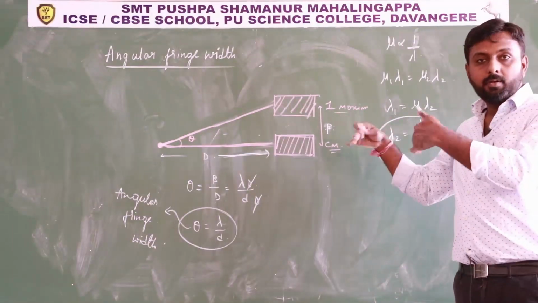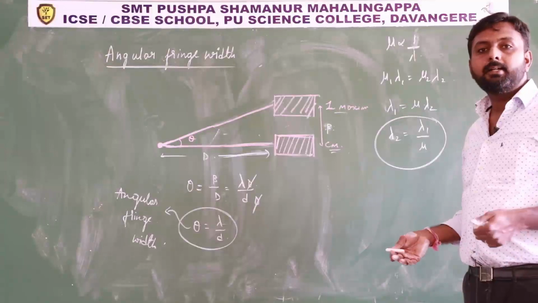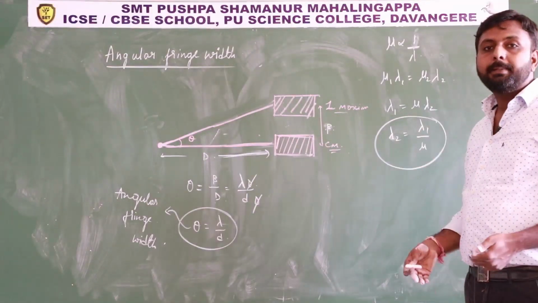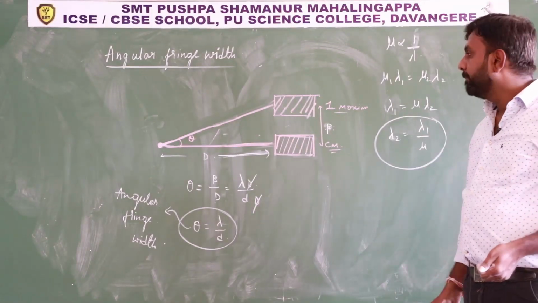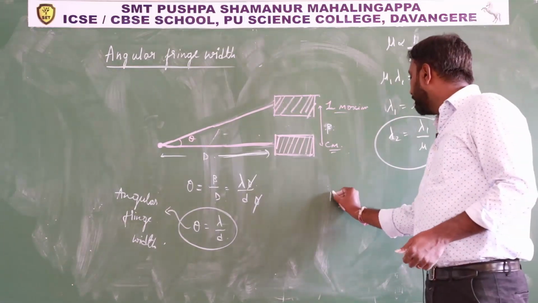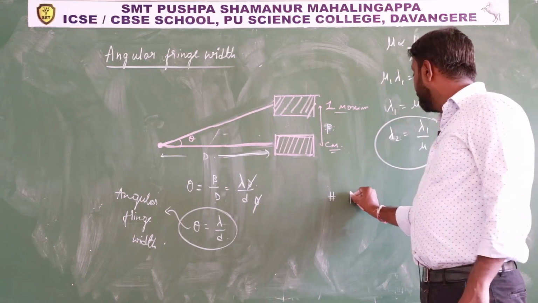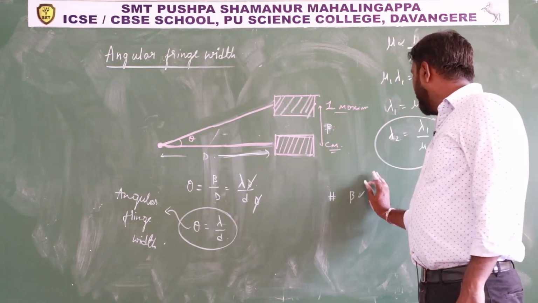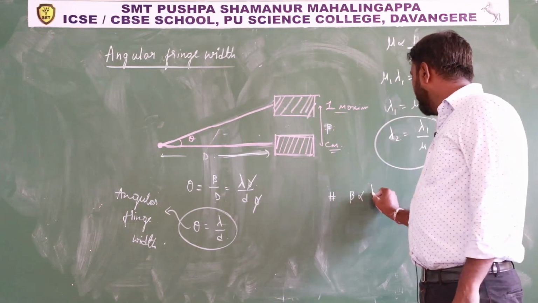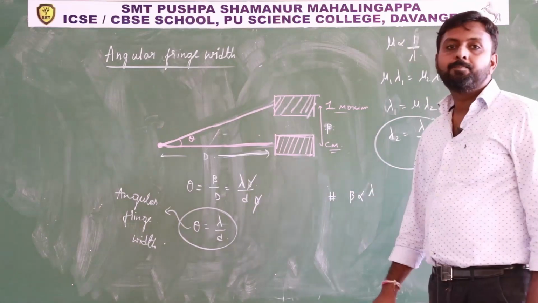So the same Young's double slit experiment apparatus you placed in another medium, and conduct the experiment. Then what you will observe, first thing, the fringe width beta equals lambda D by d, means beta is proportional to lambda.